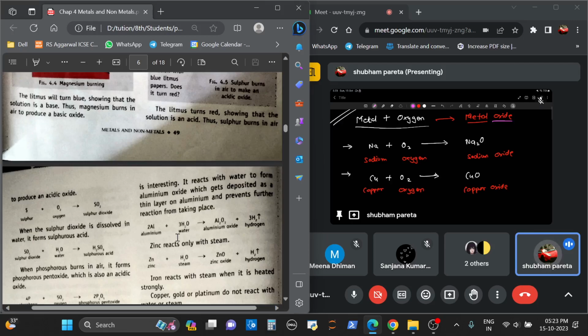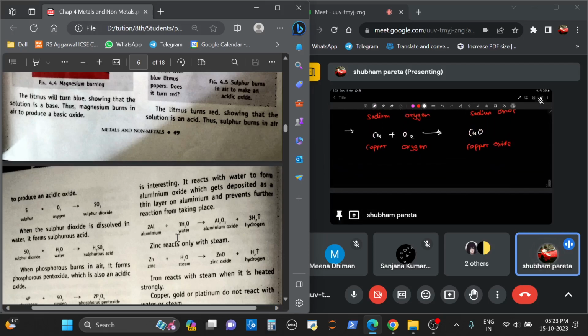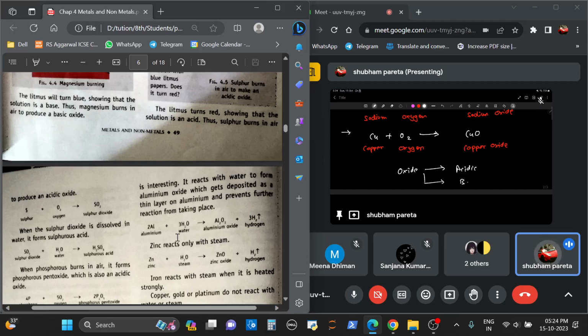Acidic oxide means some of the elements possess the nature of producing the acidic oxide. Oxide is of two types of nature: the acidic oxide and the basic oxide. Acidic is for those substances which have a very high acidic character with respect to water also.